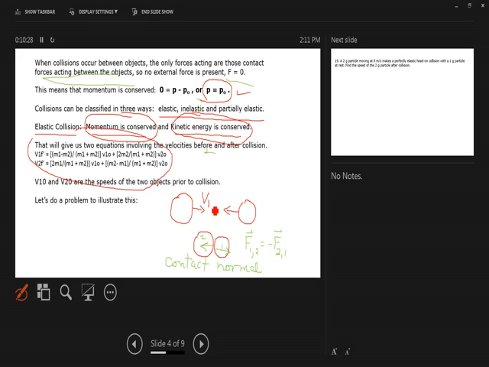v10 and v20, to the outgoing speeds, v1 final. I'm sorry, that's v2, isn't it? v2 final and v1 final.